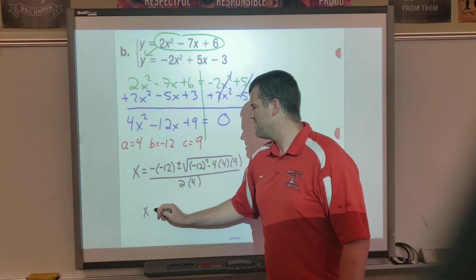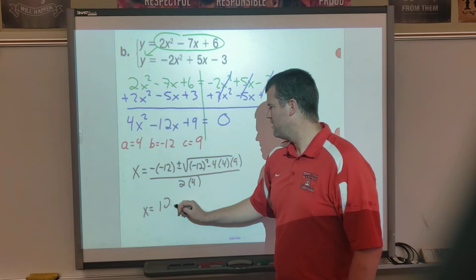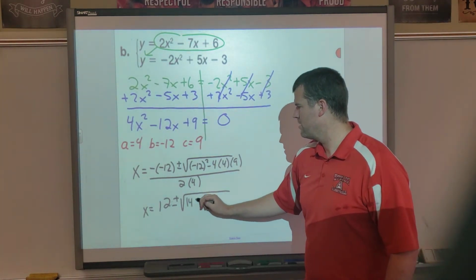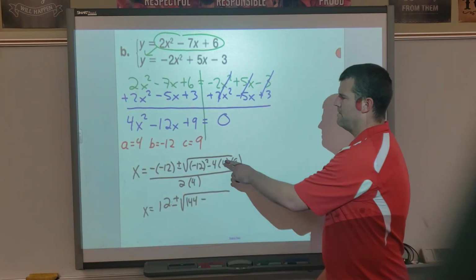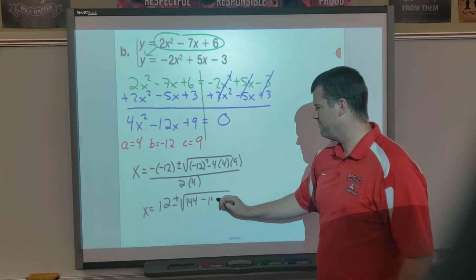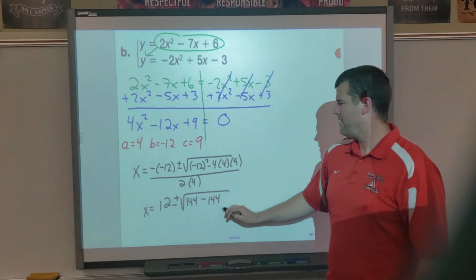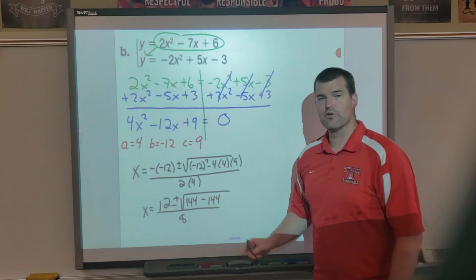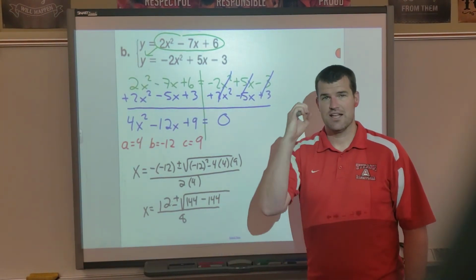So we get x equals 12 plus or minus the square root of 144 minus 4 times 4 times 9, which is also 144, all over 8. Well, what is 144 minus 144?